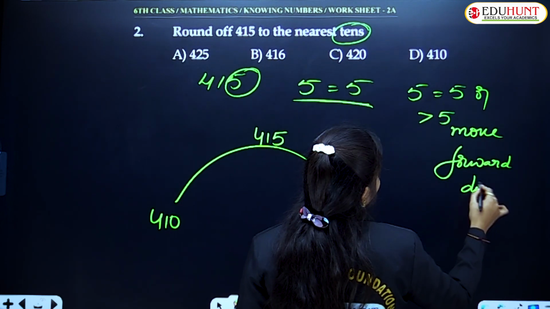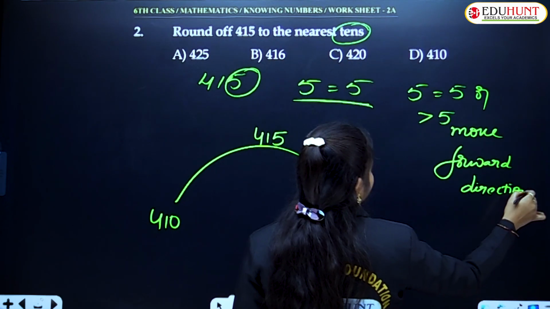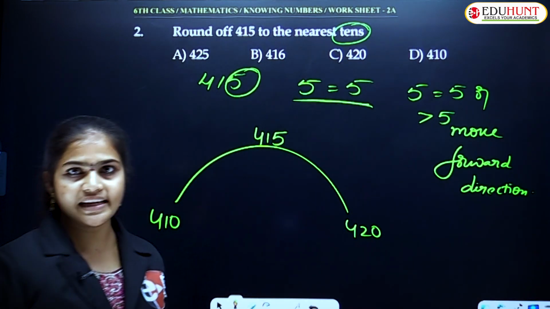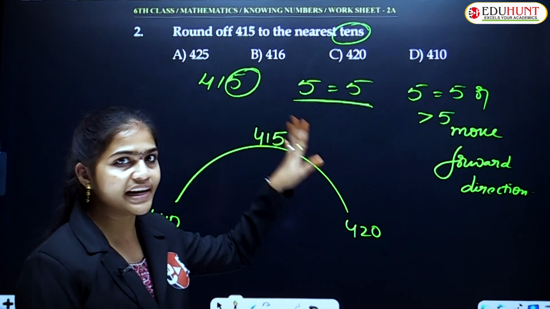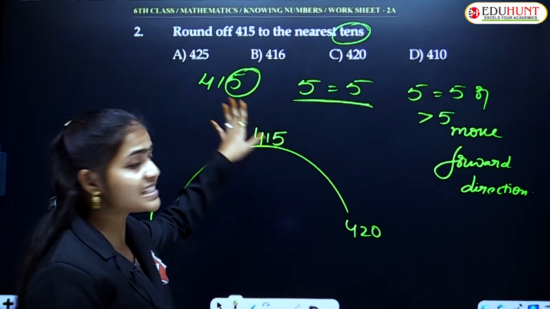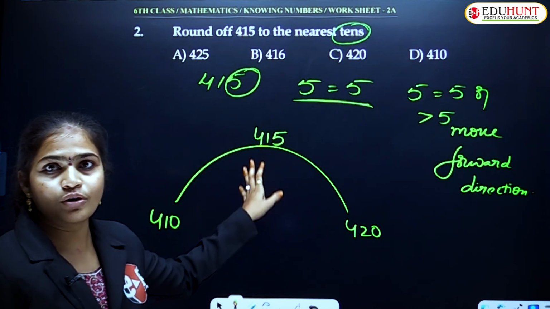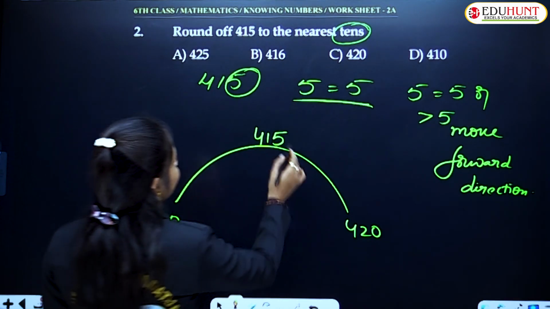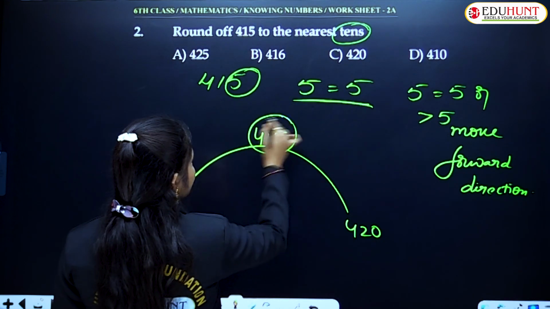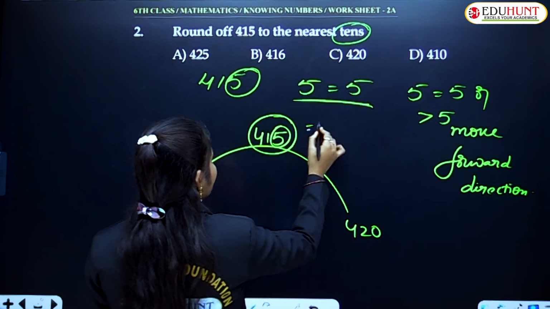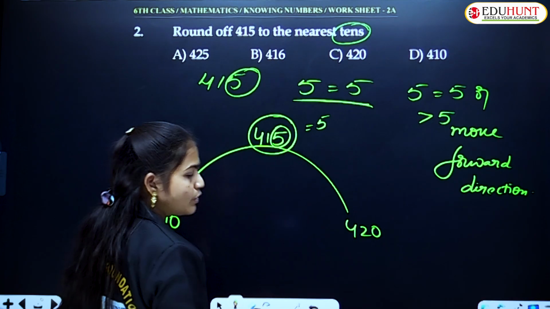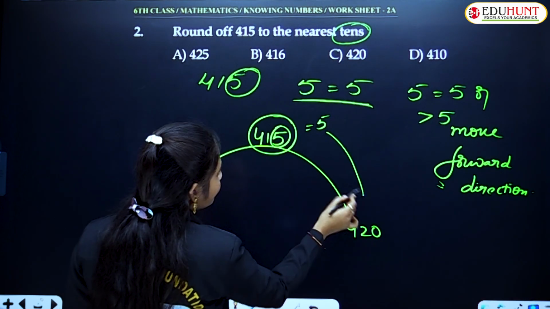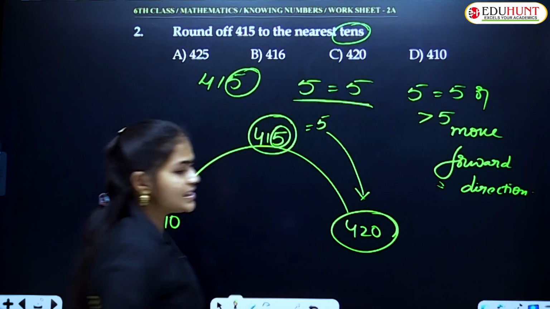Another concept is that we just add 1 and write 0 in the leftover places, but this is the easy way to understand. So 415 has units digit equal to 5, so we move in the forward direction. Then what is the answer here?